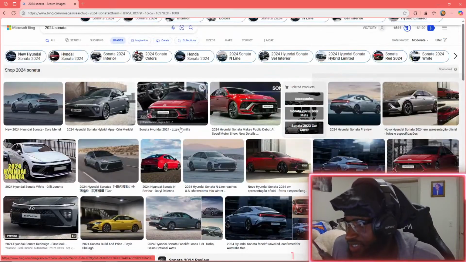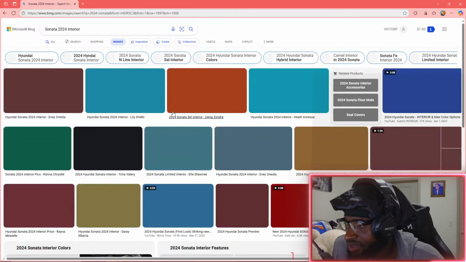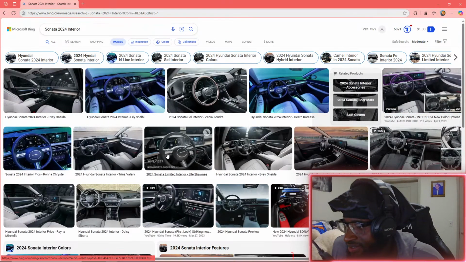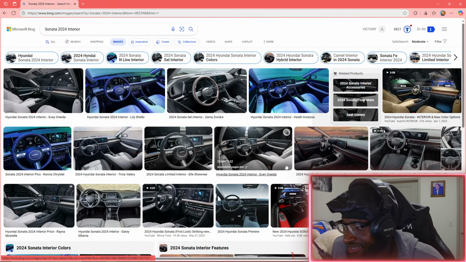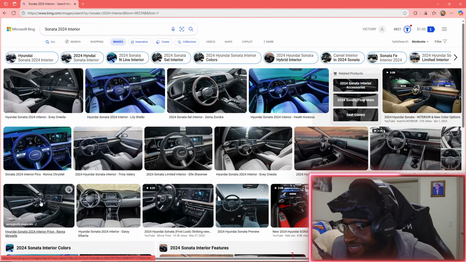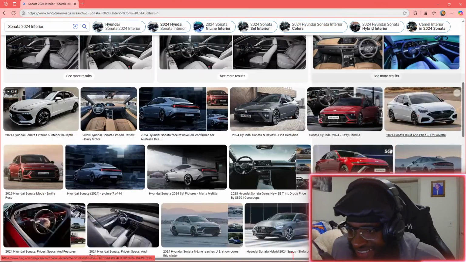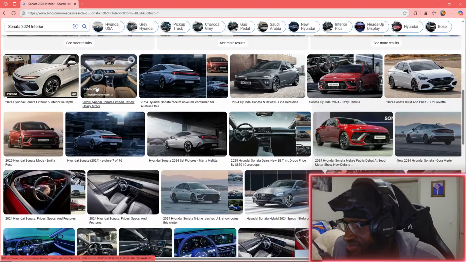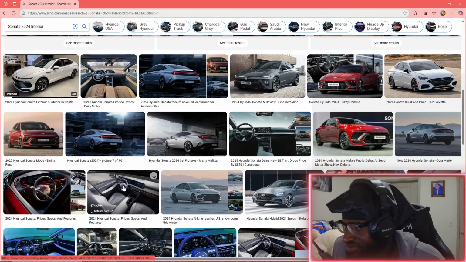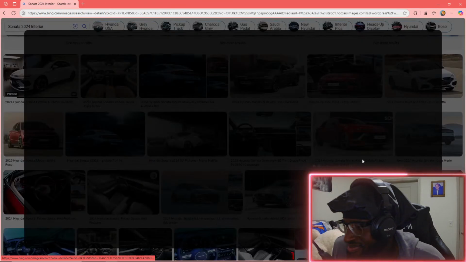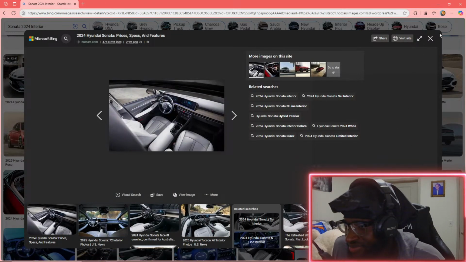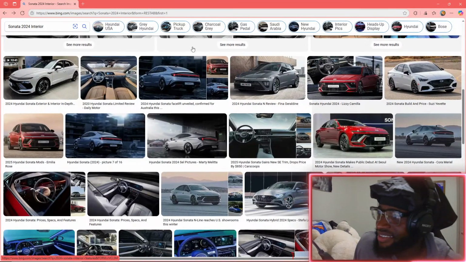I'm trying to see the interior. Yeah, it's nice.